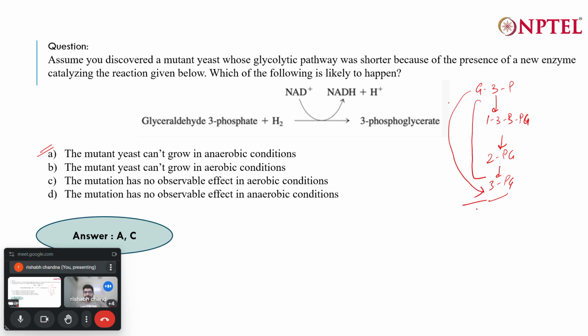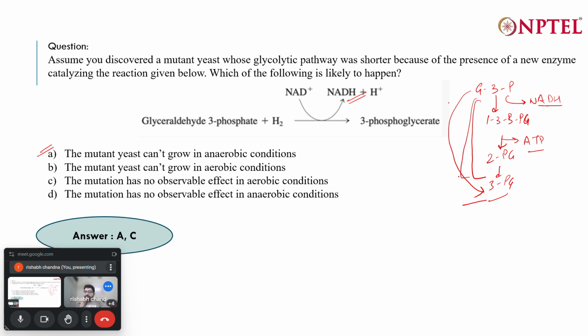Okay, and here only one NADH molecule is formed, and here only one ATP molecule is formed. So that means the NADH is already forming here. So there is not much happening in the glycolytic pathway by the removal of these three steps.